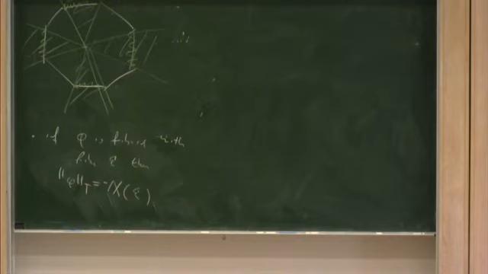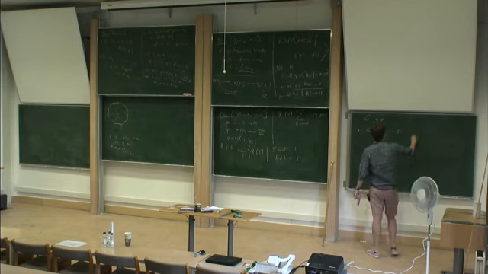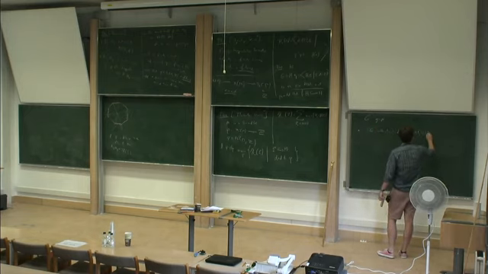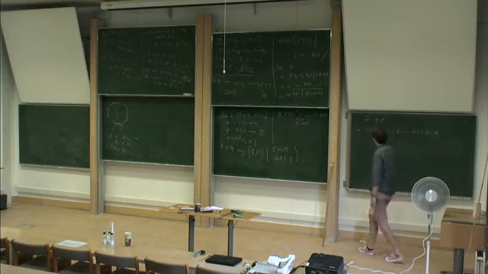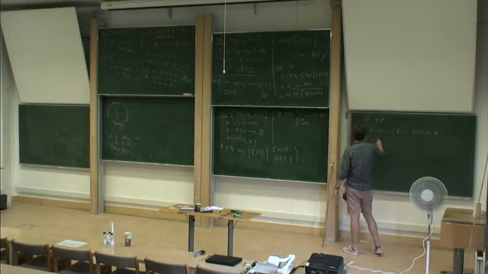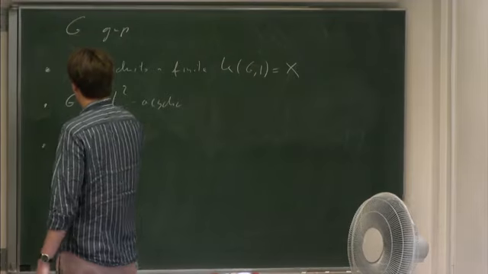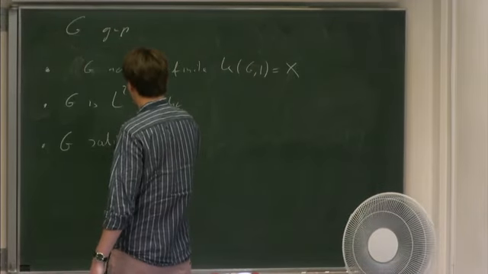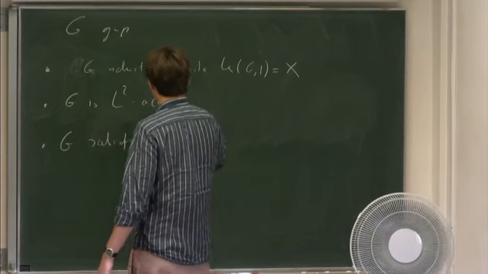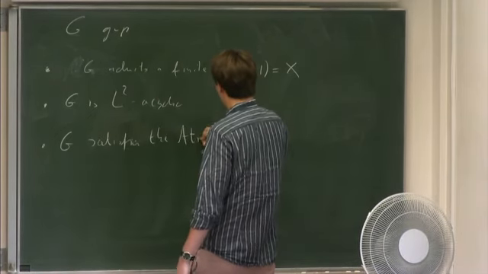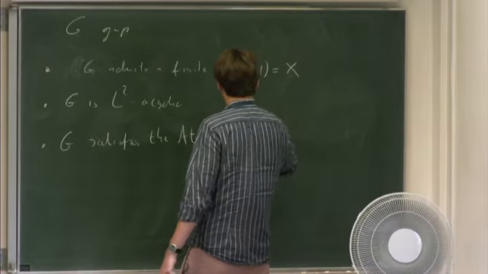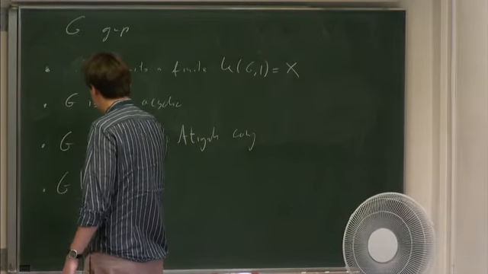Our G admits a finite cellular K(G,1), which I will call X. G is L2-acyclic. G satisfies the Atiyah conjecture, and G has trivial Whitehead group.